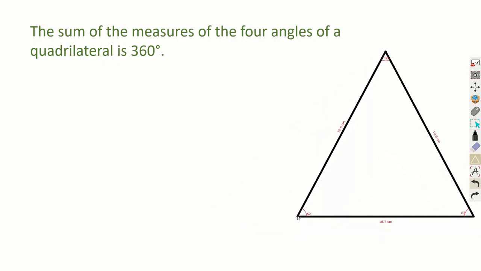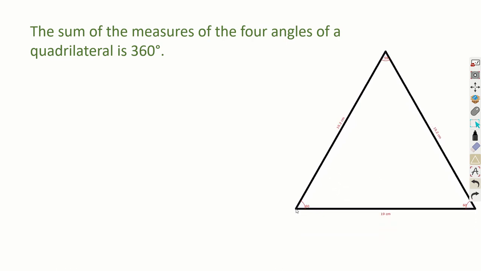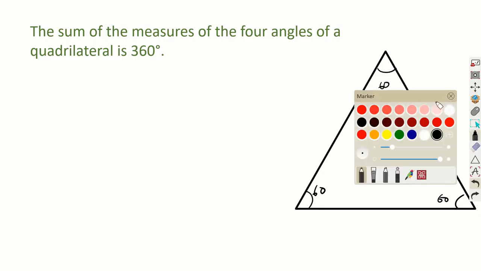So this is a triangle, and we know that the sum of the measures of the angles of this triangle, this is an equilateral triangle and it is 60, 60 and 60, total is 180 degrees. Any triangle you take, any triangle.